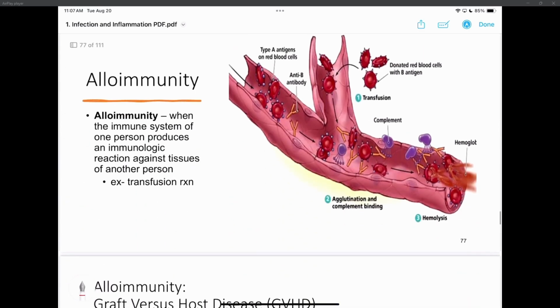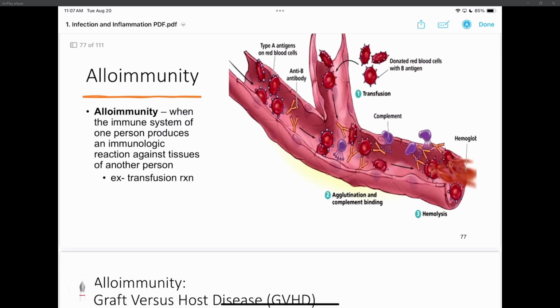One type of alloimmunity is when one immune system reacts with another one. An example of this is your transfusion reactions. Remember we talked about A, B, ABO, and the positive and negative for the Rh factors. You have to type and screen before you put blood of someone into someone else.